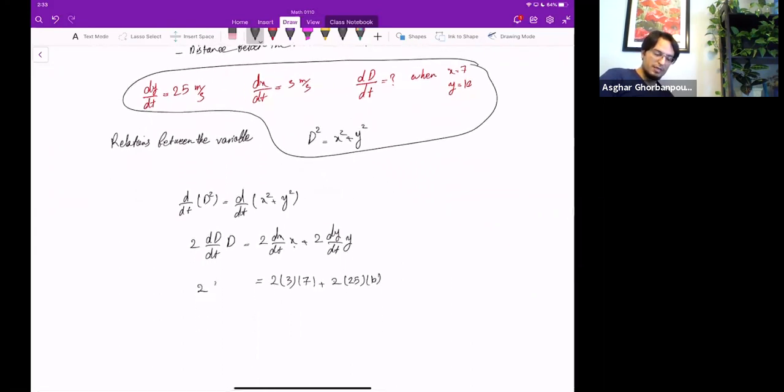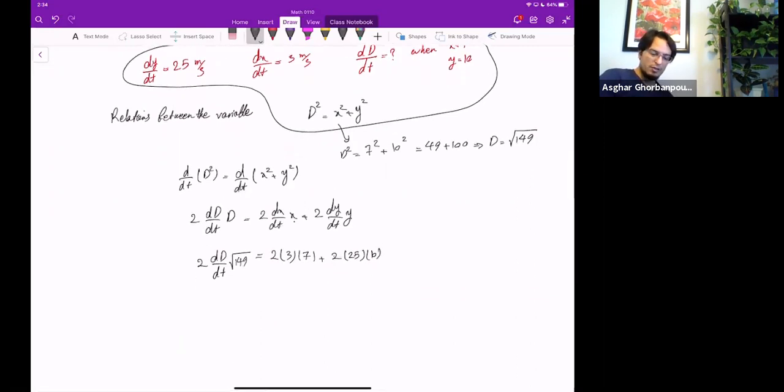On the left-hand side, we don't know dD/dt, and how about capital D there? I have to use this equation. When x is 7 and y is 10, then D squared is 49 plus 100, and then D itself is root 149.